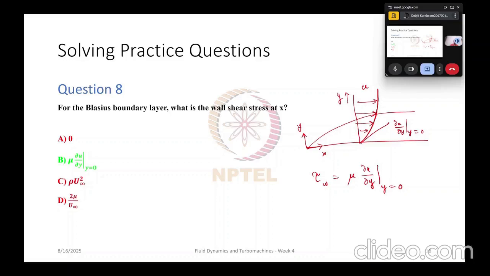So this whole thing again is a function of x. So this will vary at different points in x.